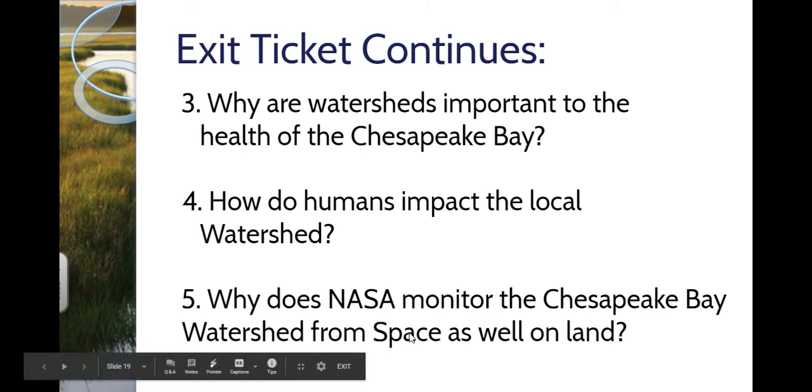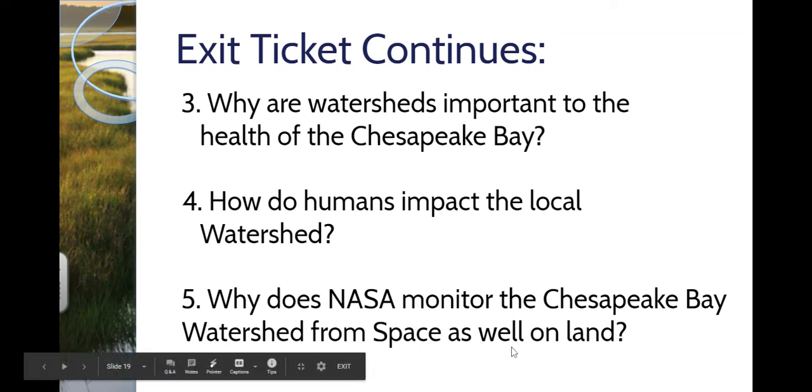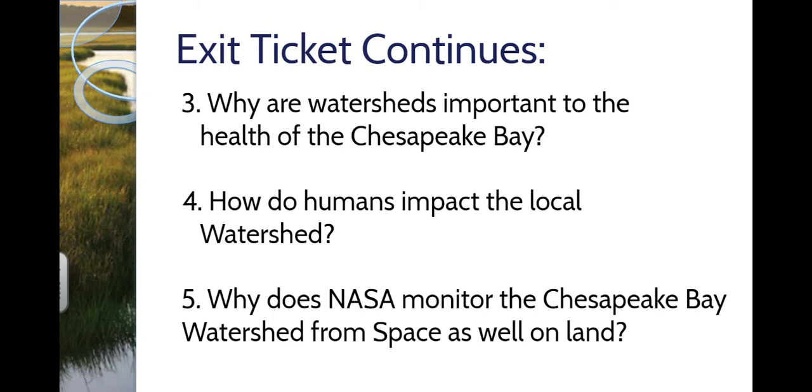Because we have biologists who monitor the health of the bay on land by taking samples. NASA monitors by image samples, and the biologists monitor the health of the bay by taking biological samples from the actual bay. So these are your questions.